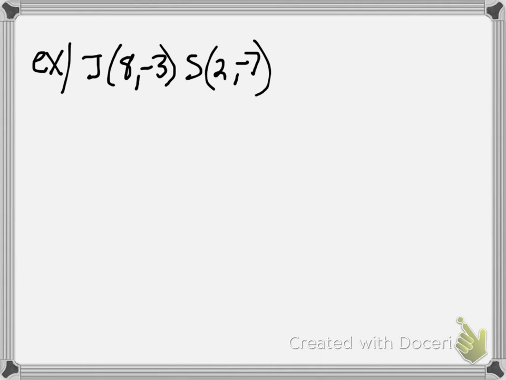You know, so one person lives at 8, negative 3, the other person lives at 2, negative 7, and they'll say something along the lines of, Bill lives halfway in between. Bill lives halfway in between these two. Okay, and they'll ask, what are the coordinates of Bill's?